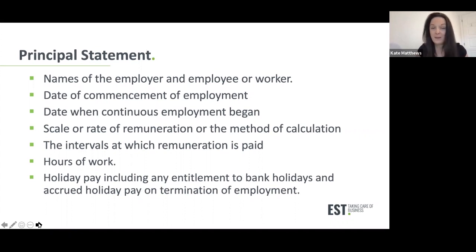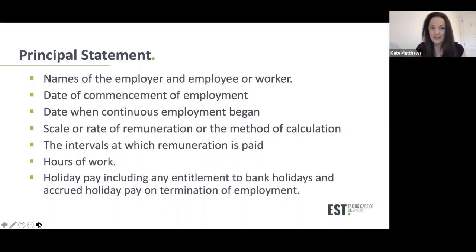It should literally be a pro rata calculation. But for a full-time employee, the basic statutory minimum is 28 days a year, and that can include any bank holidays. So if a bank holiday then falls on a normal working day, then it would be deducted as a taken holiday.